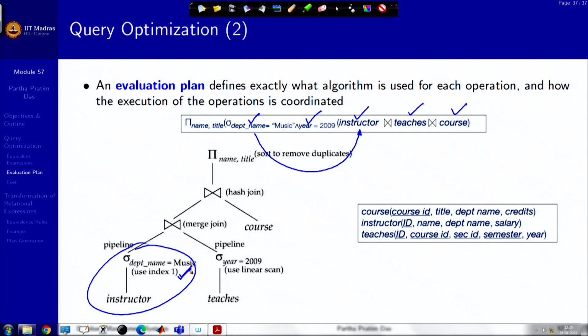For the evaluation plan, we are also specifying the algorithm. Now, what is the algorithm? The algorithm is to use index 1. Why use index 1? I mean some index on this, because instructor is more or less static data. So, it is easy to build the index, it is not going to change very often, and it will give you a very fast selection, as we have seen in the selection algorithms in the last module.